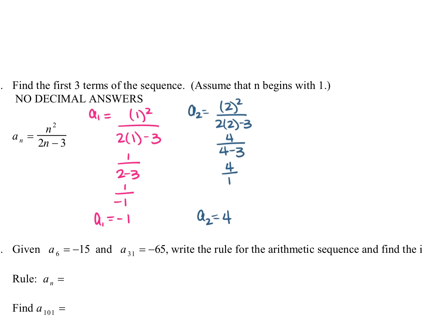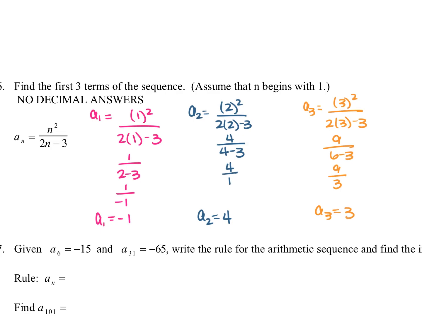And then for our third term, we're going to have 3 squared over 2 times 3 minus 3, which is 9 over 6 minus 3, giving us 9 over 3, which means our third term is 3. So your 3 terms here are -1, 4, and 3.